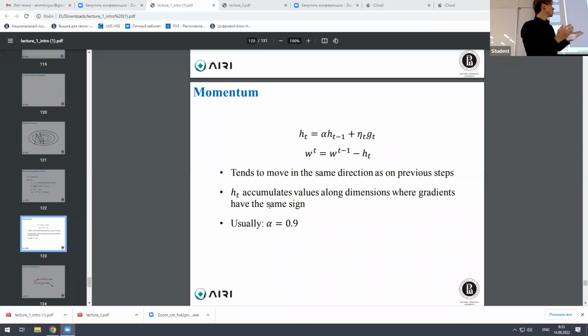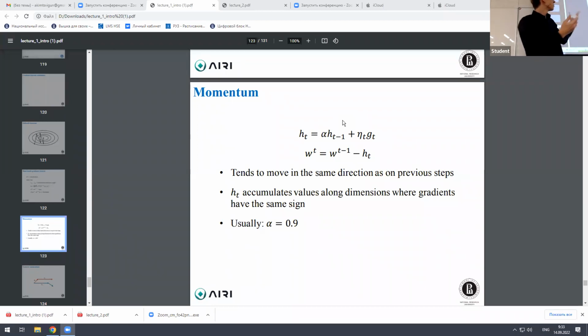The first group is the one which modifies the update rule, and momentum is one of such methods. So instead of subtracting the anti-gradient of each parameter, we do the following thing. We accumulate the information which we obtained while processing the previous batches, so that if we encounter outliers in the current batch, the direction of the gradient will not move in some other side.